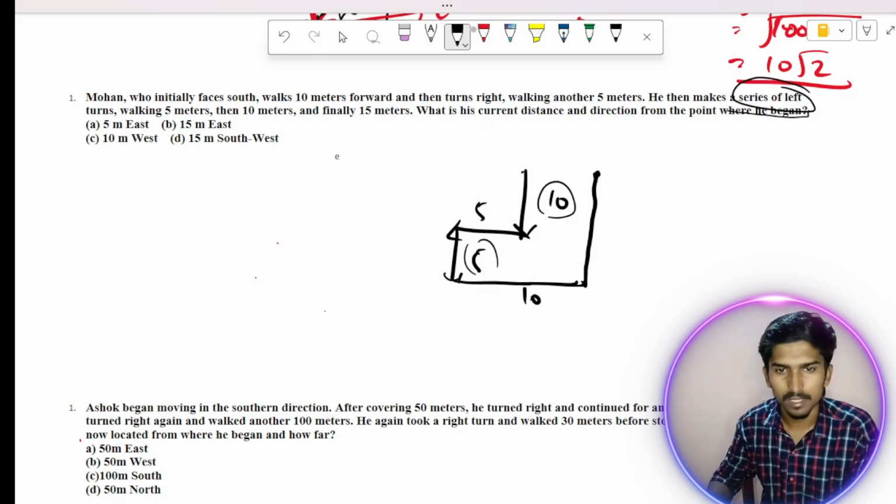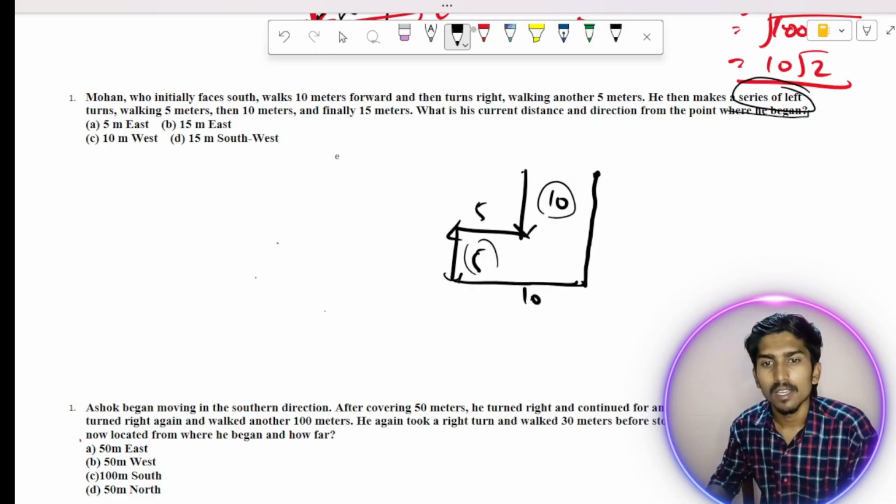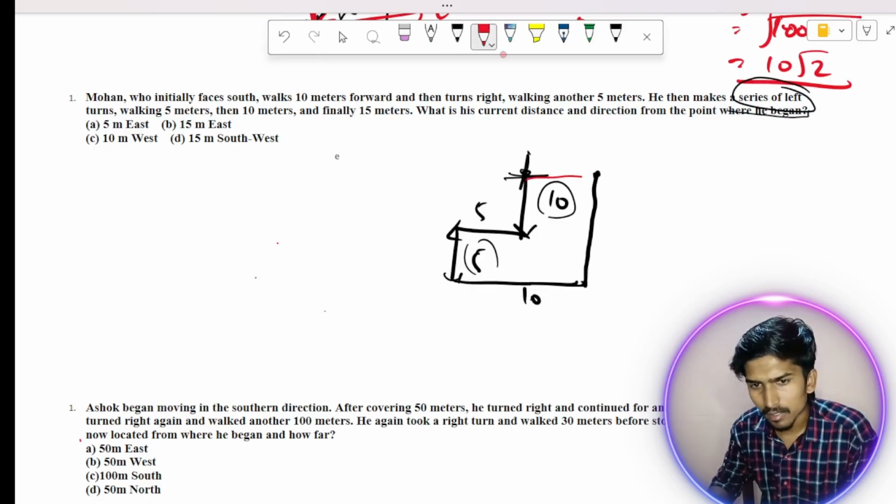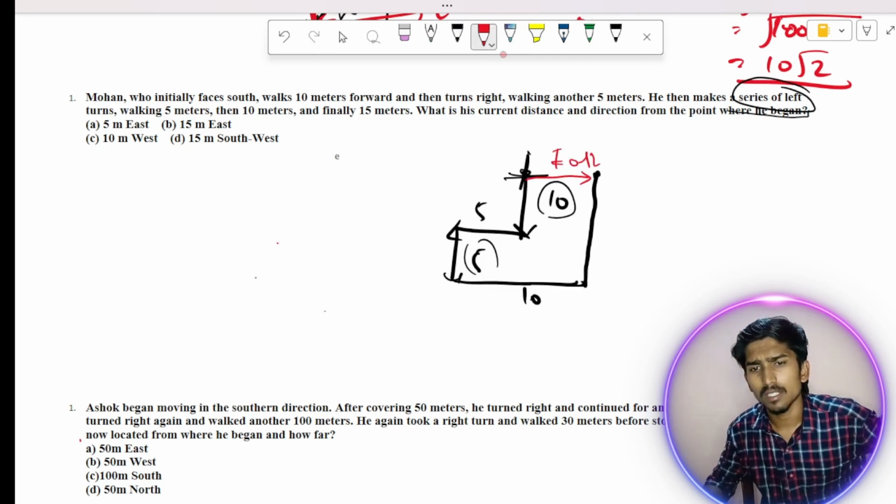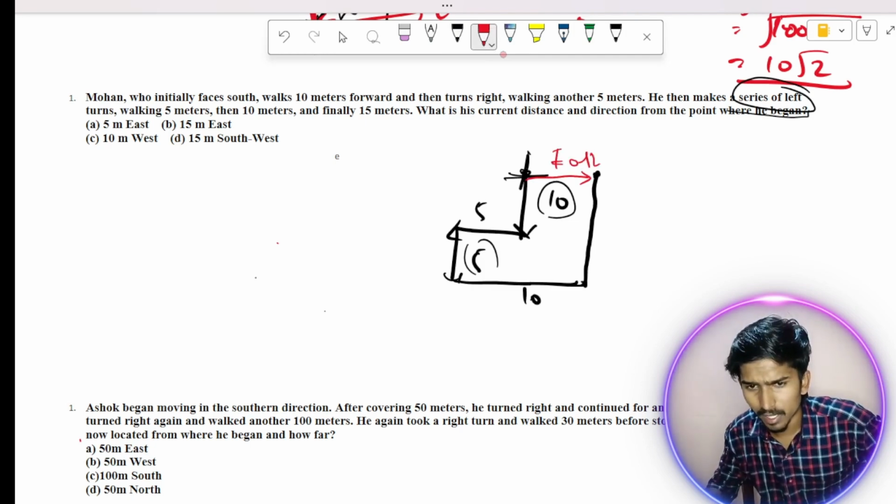Use some common sense. Okay, what is his current distance and direction from the point where he began? This is from, he means from the starting point. They're asking what is the direction. Exactly east. Can I say exactly east? Why can I say? Because see what the distance is. For example, if this is 10, what will it become? Just expand. This will become 10. If this is 5 and I extend, this will become a triangle, sorry, a rectangle.